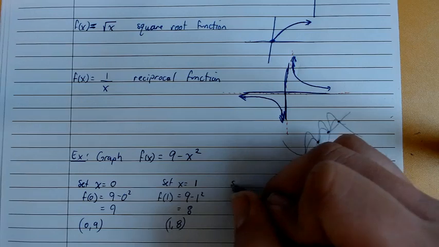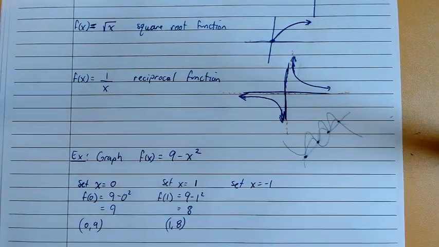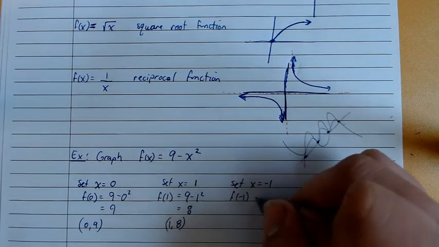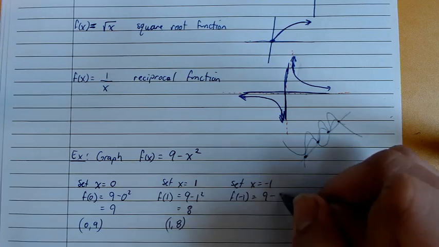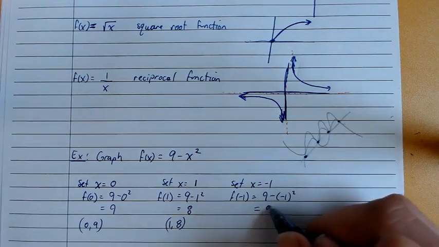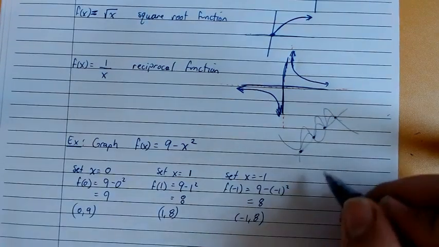Let me do just a couple more. Let me use a negative number. Let's say x equals minus 1. All right, well, that's going to be f of minus 1, which is 9 minus a negative 1 squared. Notice squaring negative 1 is still a positive. Okay, so it's going to be 9 minus a positive 1, which is 8. So negative 1, 8. Okay, and let me do one more.